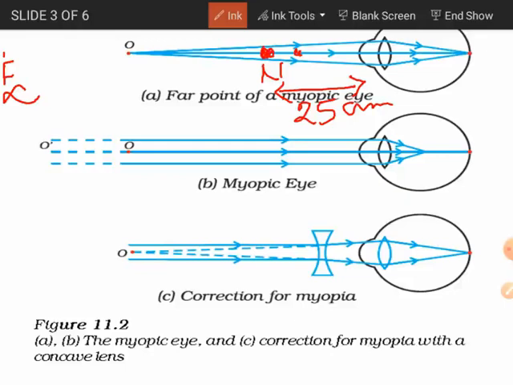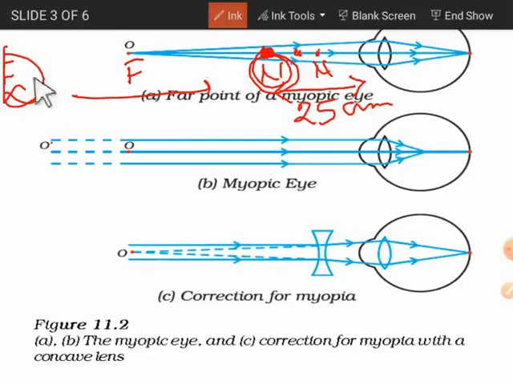Now in the case of the myopic eye, it can see only nearby objects and cannot see far off objects. Its near point will be a little closer than the normal near point, and its far point will also be closer. Both the far point and the near point come closer toward the eye.